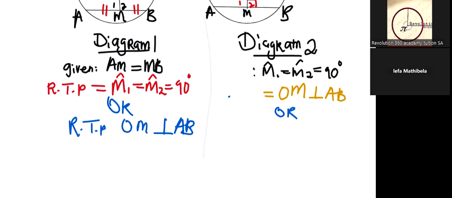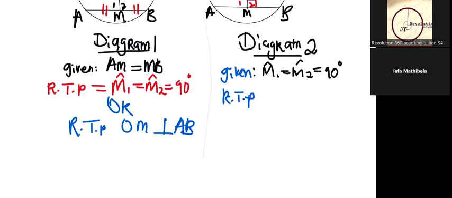This is given, because M1 equals M2 equals 90 degrees. But your RTP here should be AM equals MB. So that's what you need to do.